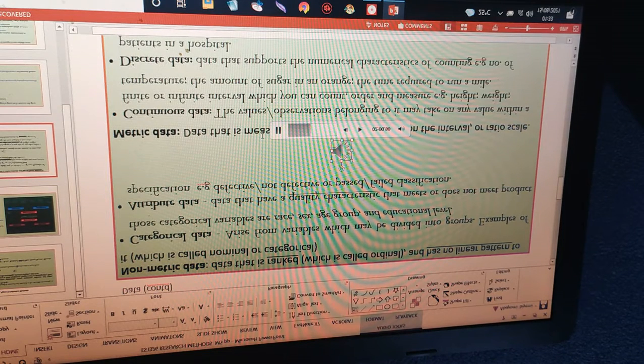Then attribute data, which is the second arm of non-metric data, have a quality characteristic that meets or does not meet a product specification. So it's attached to product specification, defective or not defective.